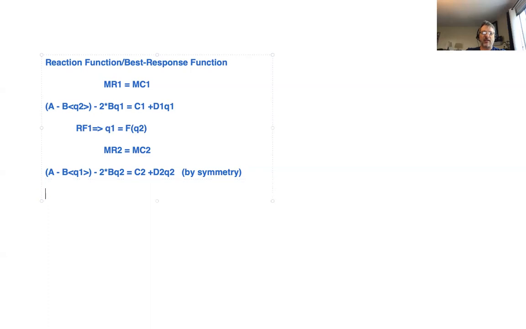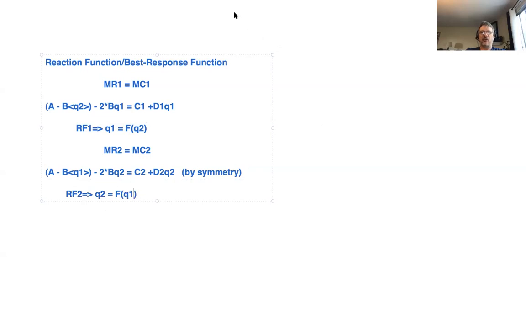And likewise, I'm just going to copy this really quickly and write it down here: the reaction function for firm 2, Q2 as a function of Q1.